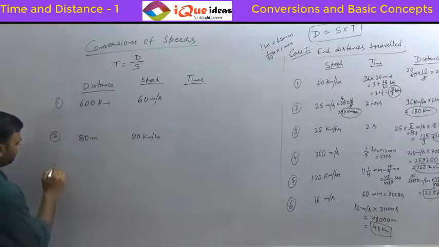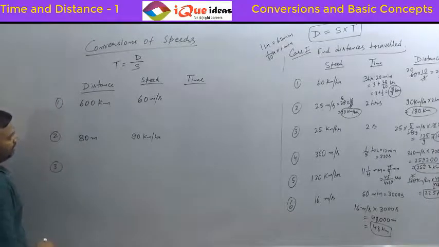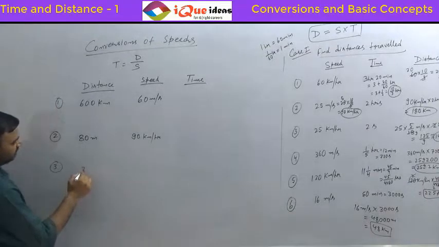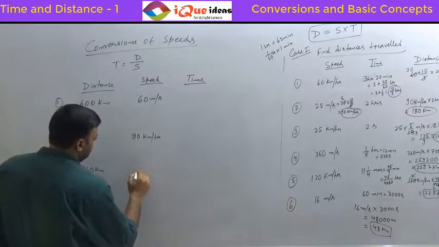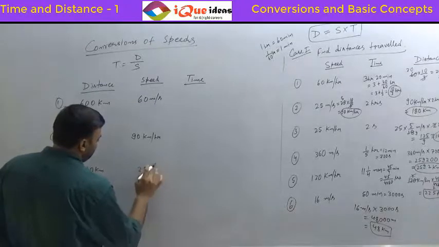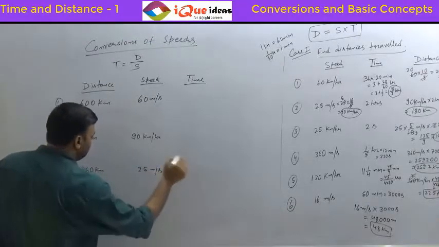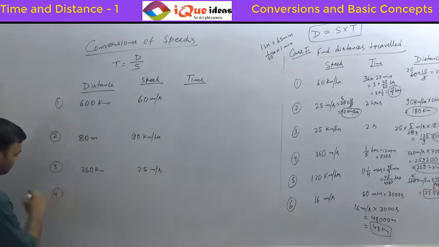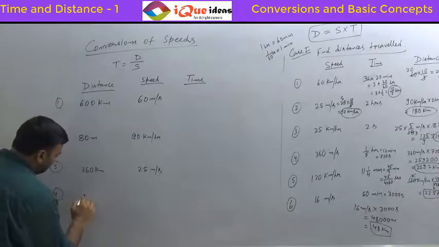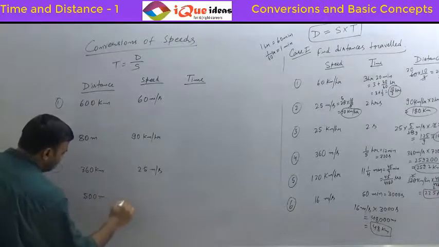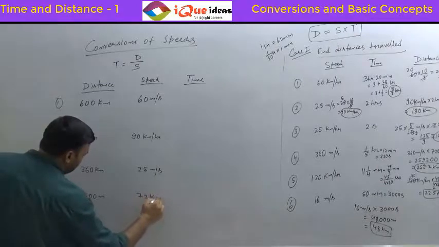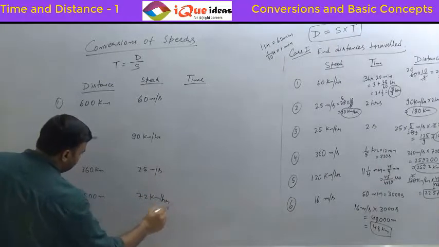Alright. Third one. If a person has to travel 360 kilometers and his speed is 2.5 meter per second, find the time taken. And the fourth one, if a person has to travel 500 meters and the speed is 72 kilometers per hour, find the time taken.